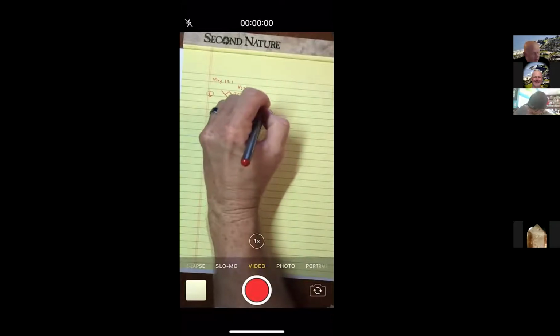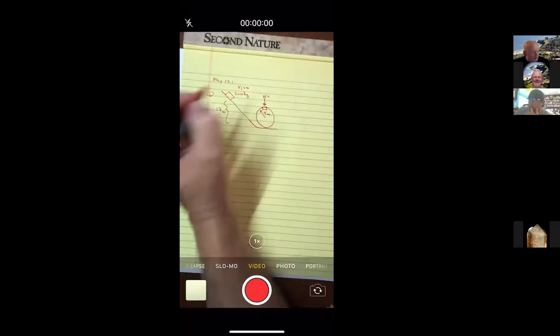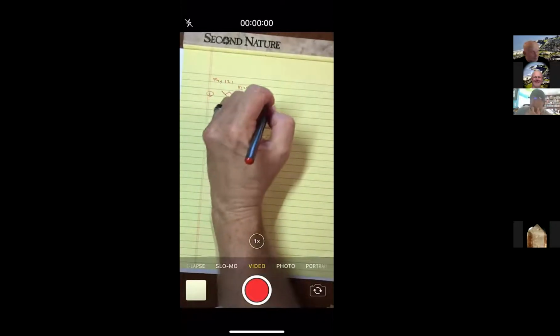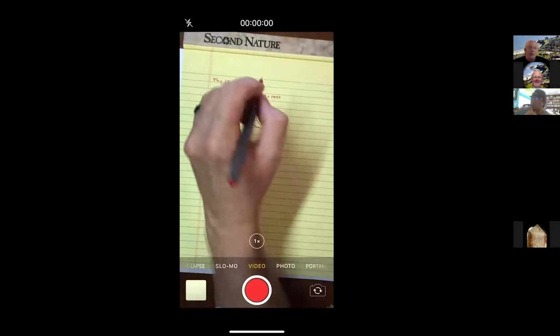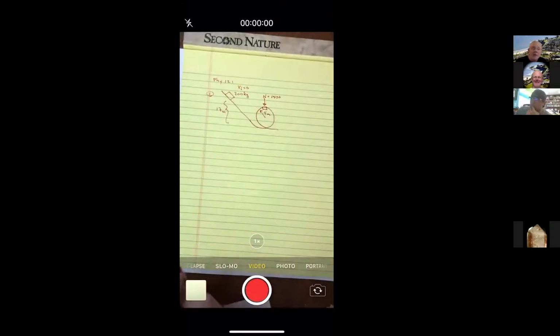So when the roller coaster gets right here, and so I don't get too crowded, I'm going to put normal force of 1,400 newtons. Calculate the negative work done by friction and by air resistance between the start and the top of the loop. Now, wait. Oh, top of the loop, not stop. Top of the loop. Okay, good.